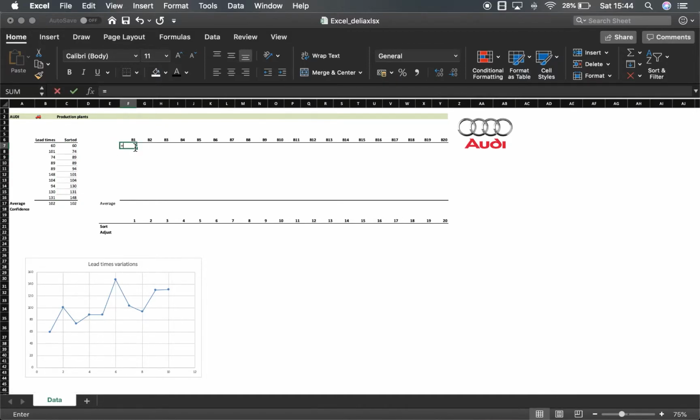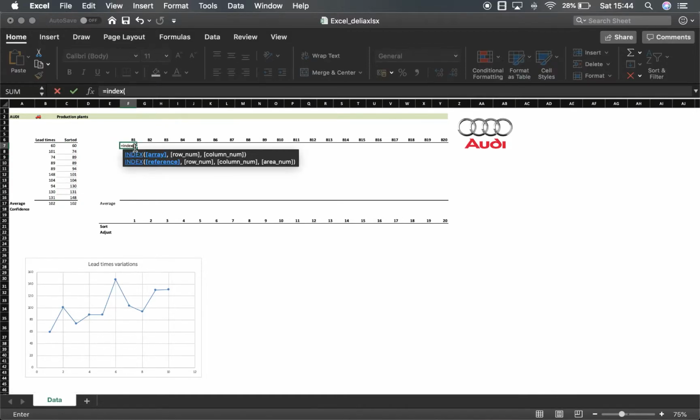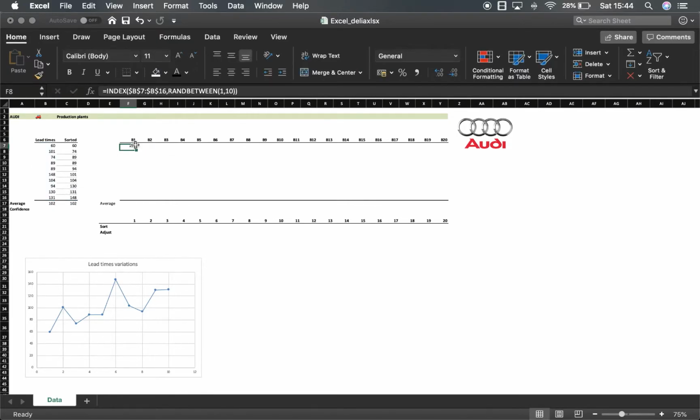In a second step, we simulate 20 different bootstrap samples. In order to do so, we use the index formula. Excel therefore considers all 10 values from our original sample and randomly picks one out of these 10 given values. We then copy the corresponding formula down to all the other cells and generate a randomized selection for our first bootstrap sample, which is based on our original empirical data.